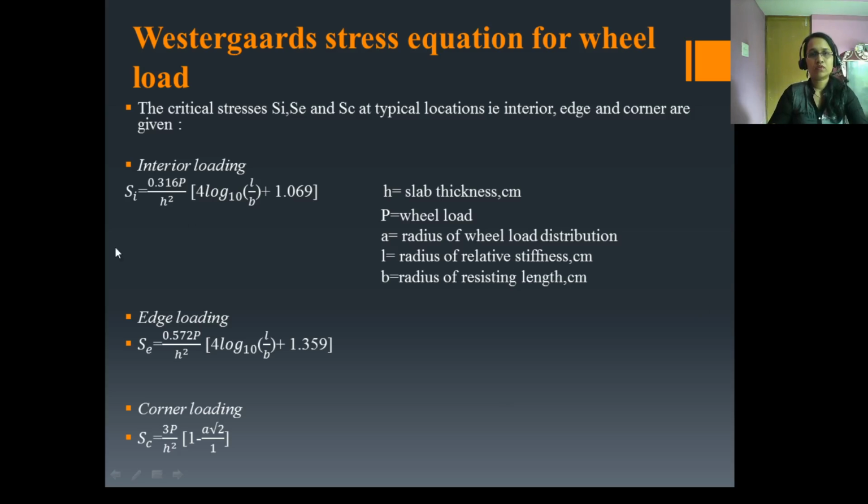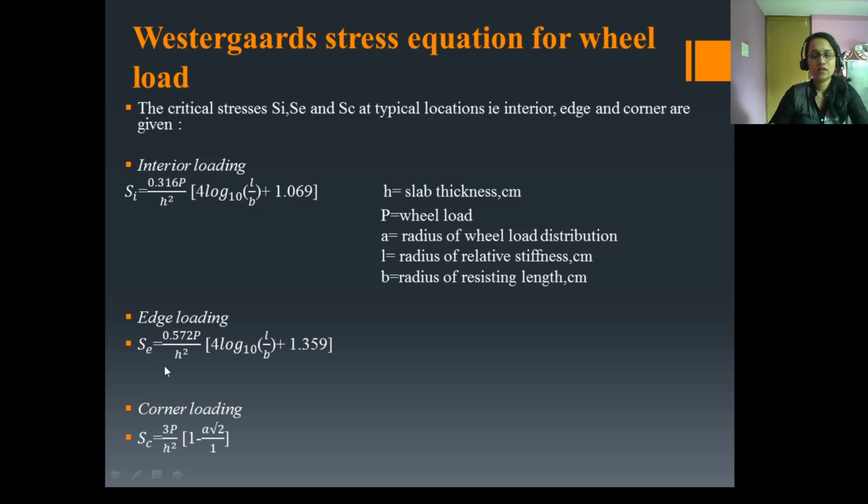So for interior loading, SI is given as 0.316 P upon H square into 4 log 10 L upon B plus 1.069, where H is the slab thickness, P is the wheel load, A is the radius of the wheel load distribution, L is the radius of the relative stiffness, and B is the radius of the resisting length.